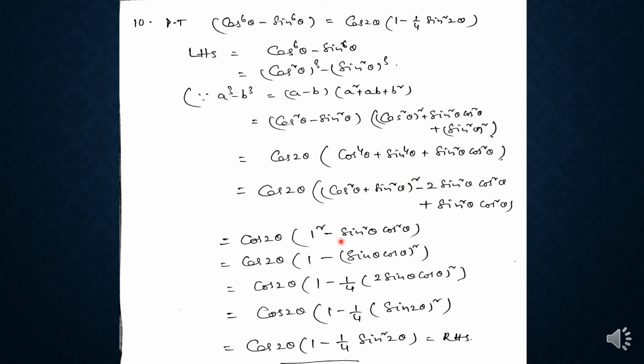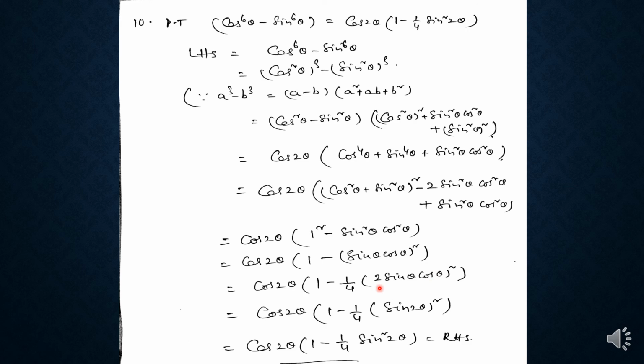So 1 square minus 2 sin square theta cos square theta plus sin square theta cos square theta. These two are like terms, so that is minus sin square theta cos square theta. So cos 2 theta into 1 minus, this can be written as sin theta cos theta whole square. By multiplying and dividing with 4, this can be written as cos 2 theta into 1 minus 1 by 4 into 4 sin square theta cos square theta.